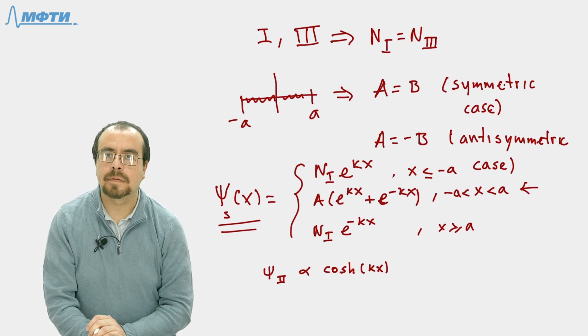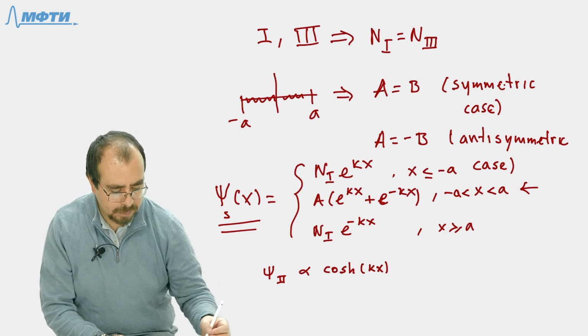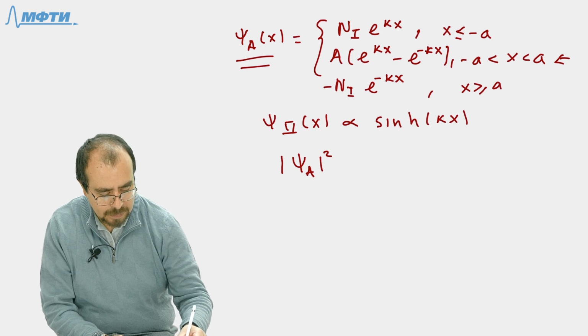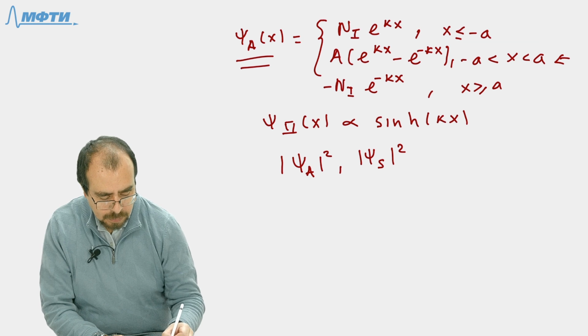Yes, I just plotted, and in the symmetric case there is some probability at x equal to 0, but in the antisymmetrical case there is 0 probability at 0, yes? Well, in principle, if you plot the probabilities, you will have something like this.